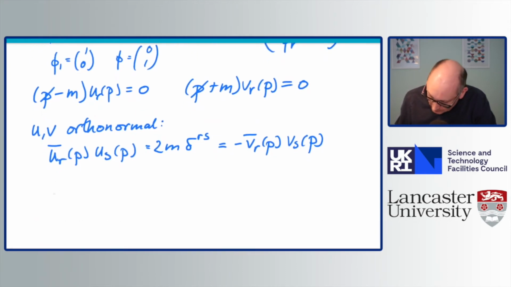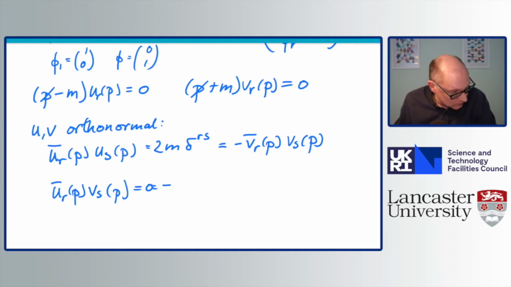Similarly, u bar r of p v s, so if you take the u bar of a particle and the spinor of an antiparticle, you get 0, and the same is true for minus the bar version of the antiparticle and u s of p.